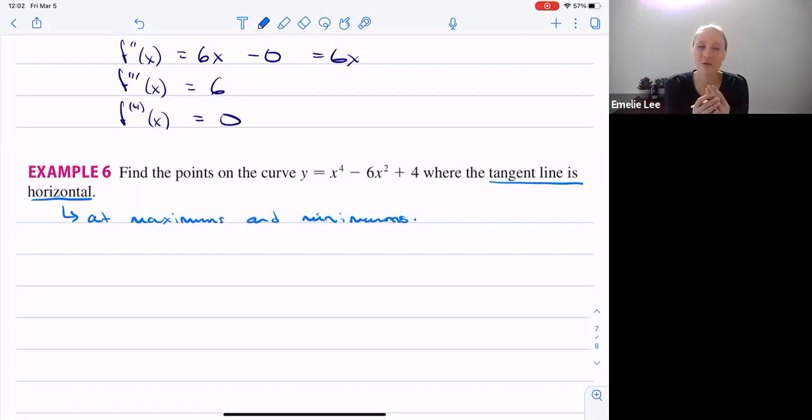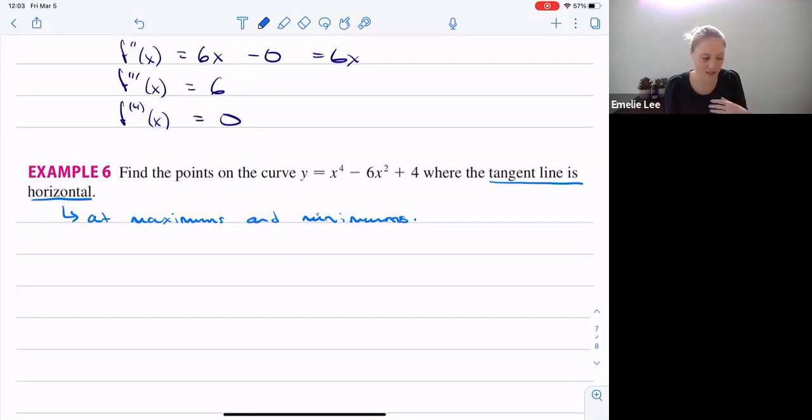And if you want to minimize costs, for example, sorry, a lot of mine are business examples, but it applies to lots of different fields. If you want to minimize costs or time or whatever, then the horizontal tangent line is at play again, but you have to figure out where the maximums and minimums are.